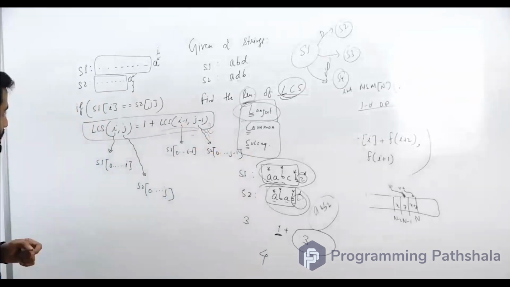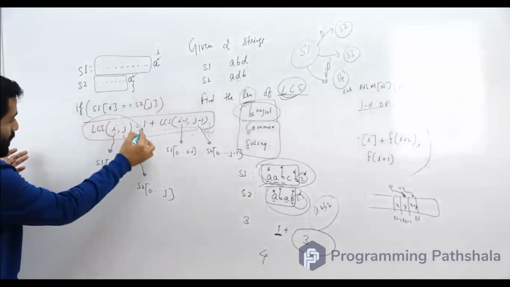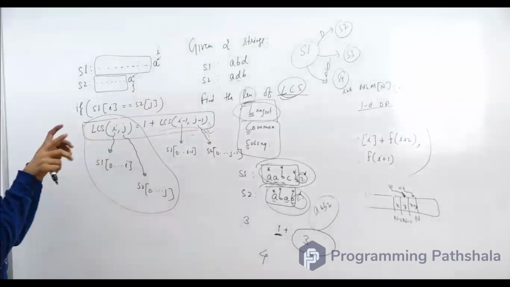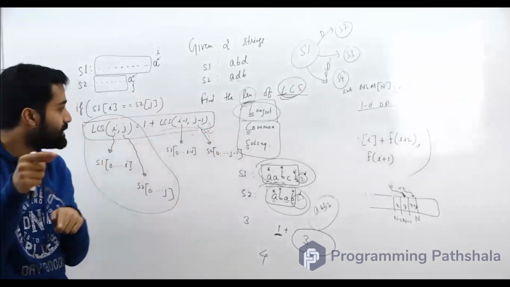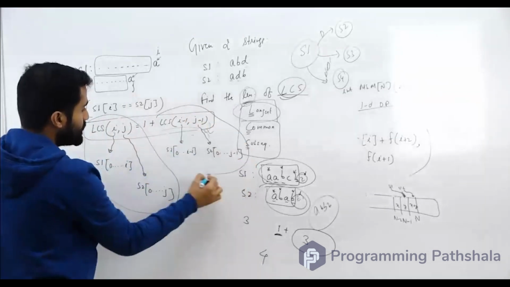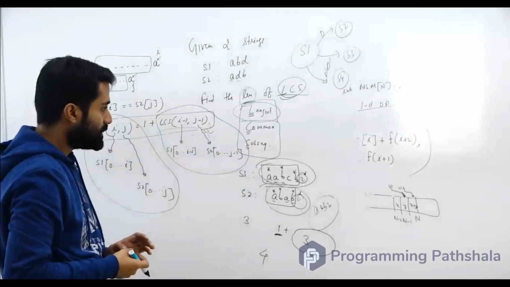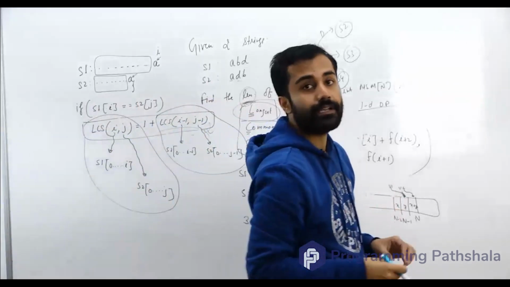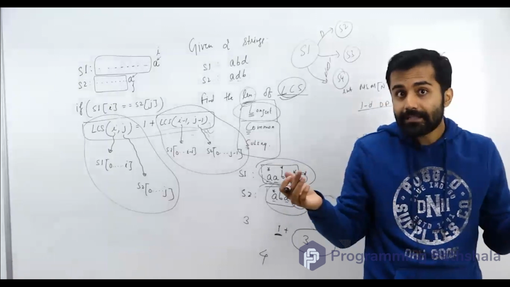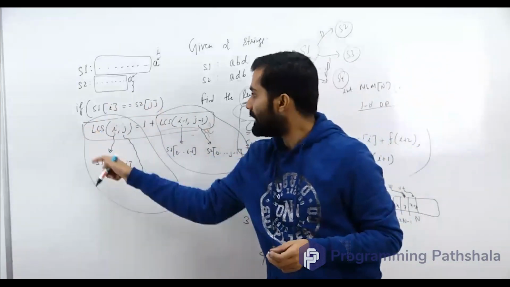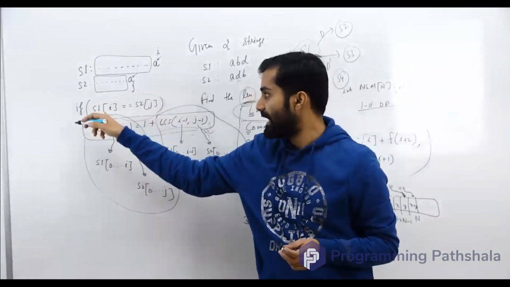And now we are able to say that the LCS of a larger combination of strings is dependent upon the LCS of a smaller combination of strings. So this is exactly a recurrence relation. Yes, it has a condition that you will apply this rule only if the last characters match.